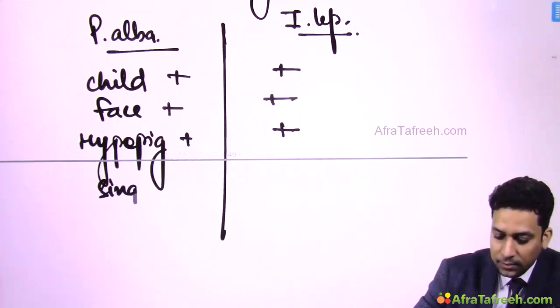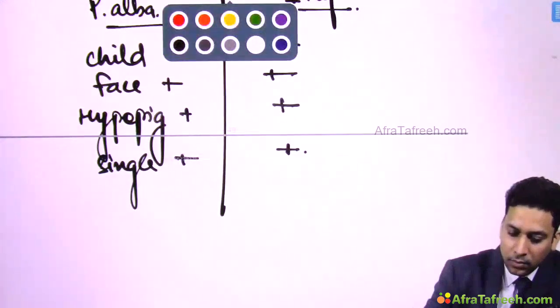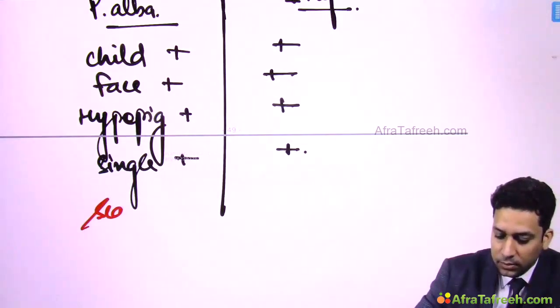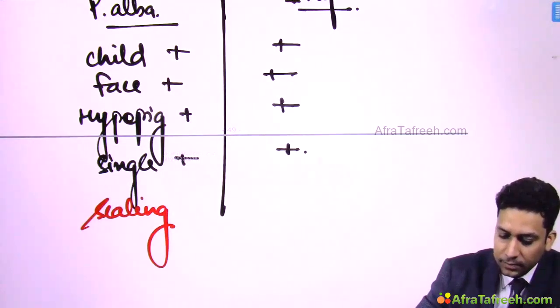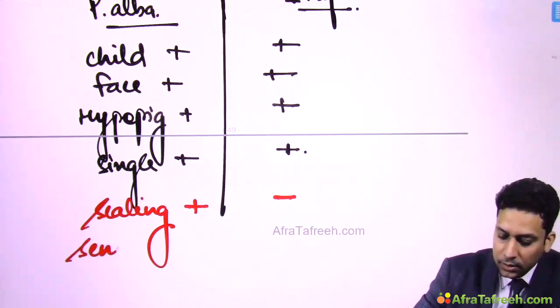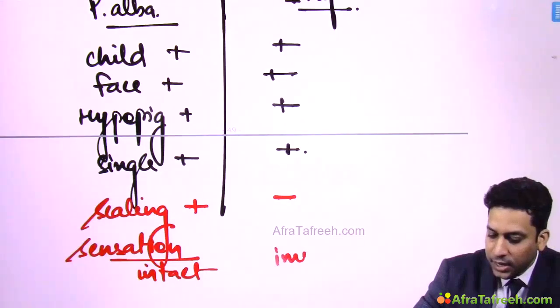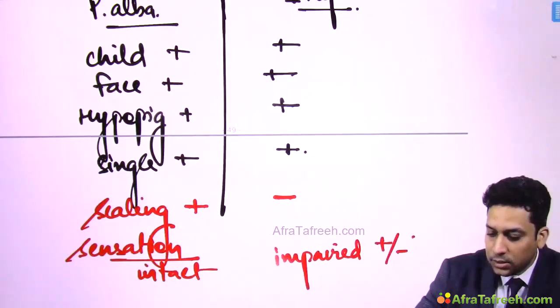Generally they are single. What are the differentiating features? Scaling is present in alba, it is absent in leprosy. Sensation is intact in alba, it might be impaired in leprosy. Because it is indeterminate type, it is plus minus.